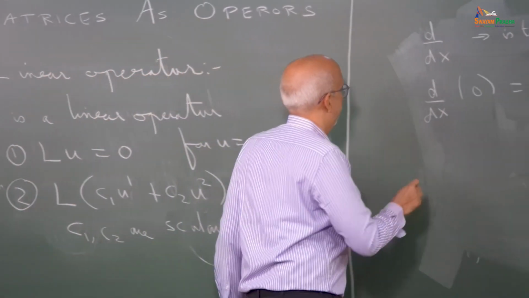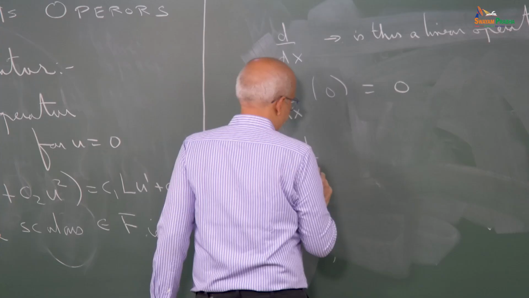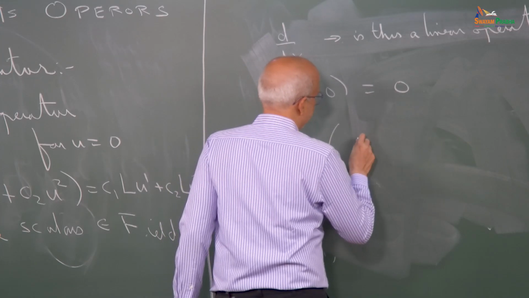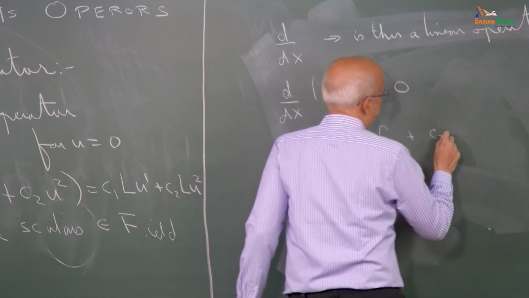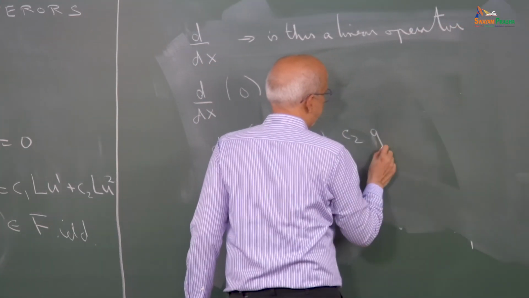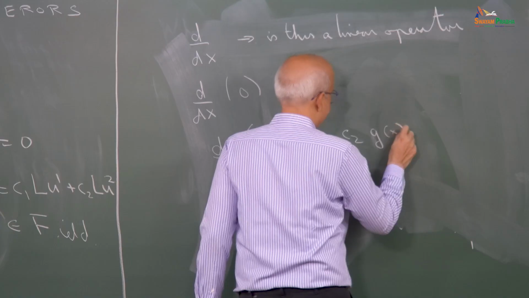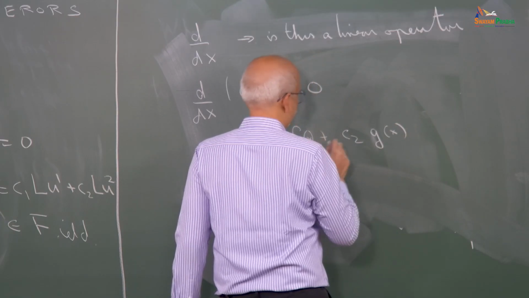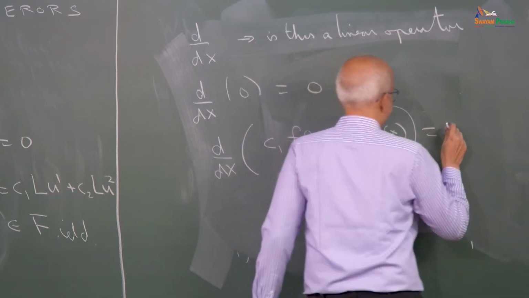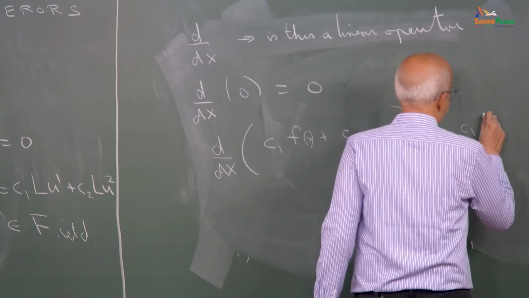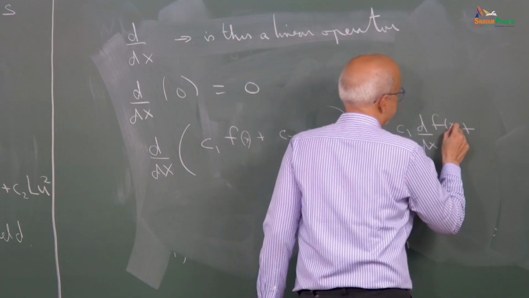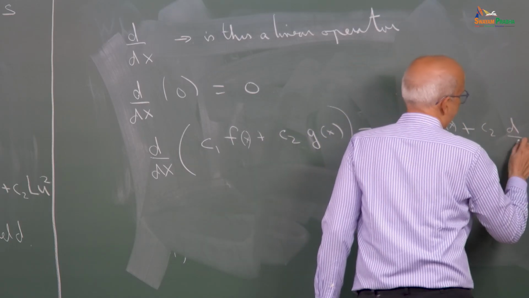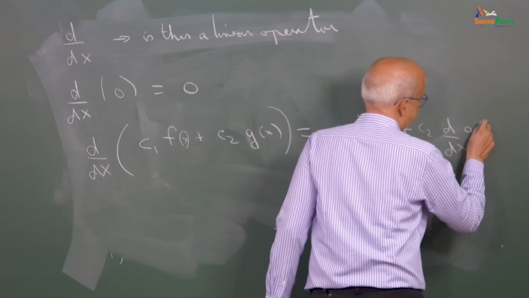And the derivative operator acting on some constant C1 multiplied by f plus C2 multiplied by g of x is equal to C1 d by dx of f of x plus C2 d by dx of g of x.